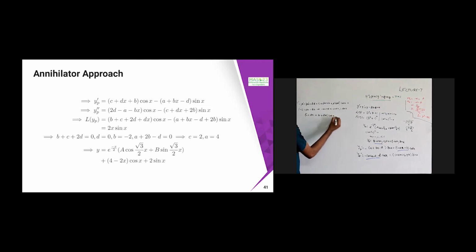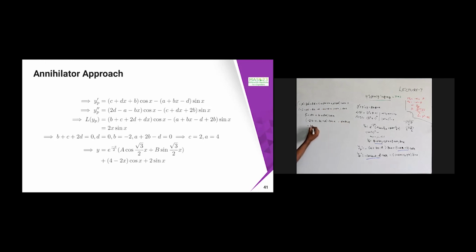Then c cancels and dx cancels, so you are going to have (minus 2b minus a minus bx plus d) into sin x. In the right hand side, I have 2x into sin x.